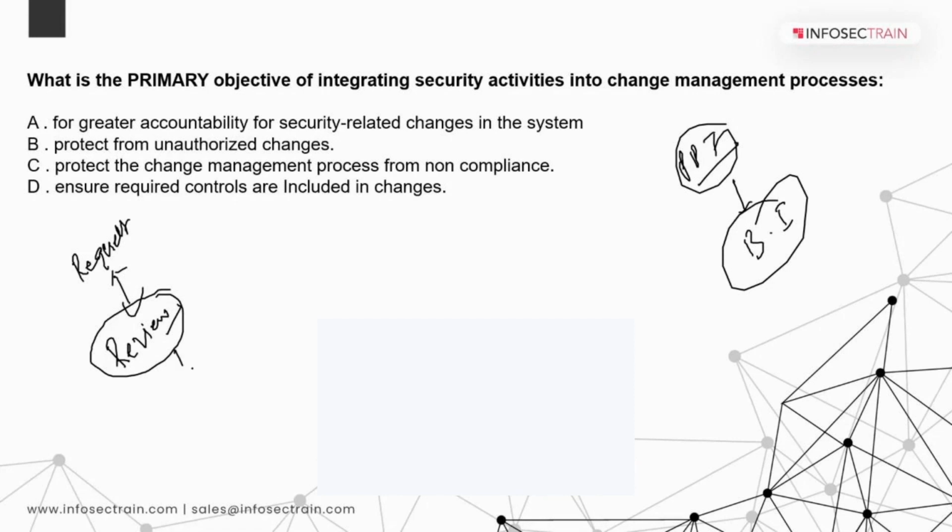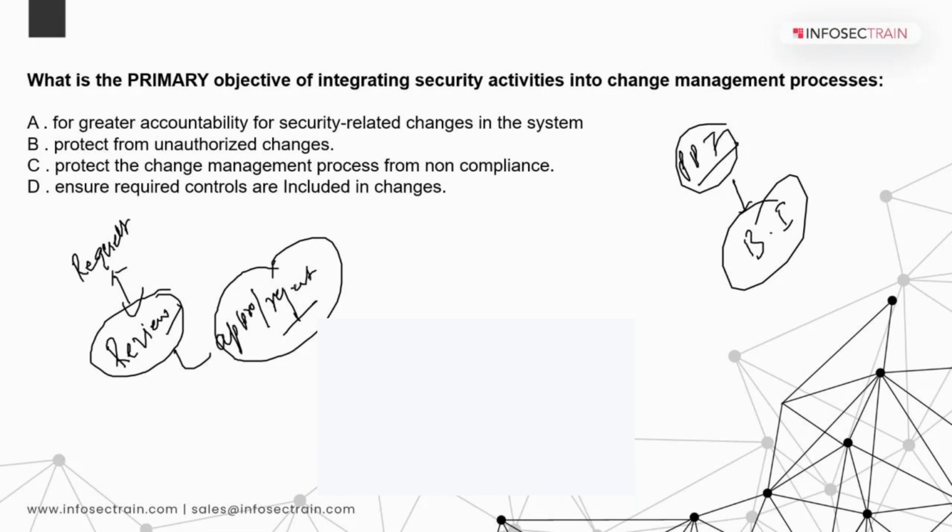So when you request, they will review, and after that they may approve or reject. If your change is protecting the business and giving some added value, they will approve. If your request is not giving any value add, and maybe is harming the business with some negative impact, they will reject, because they have to correlate with risk appetite and risk tolerance.